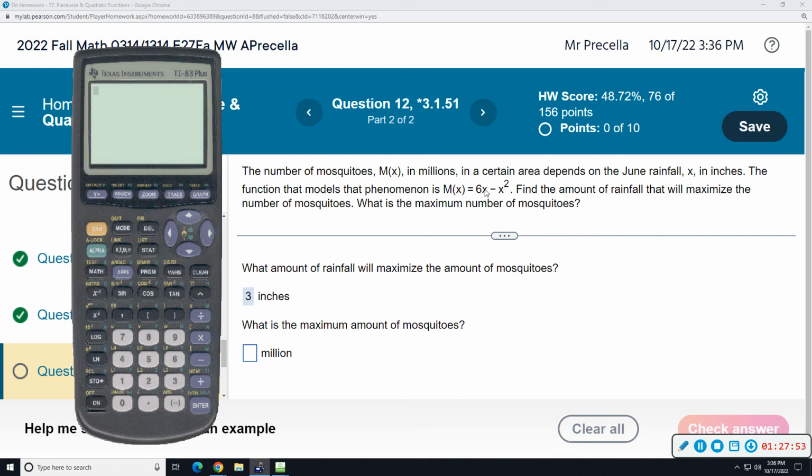If I plug a 3 here and here, I would have 6 times 3, well that's 18, minus 3 squared is a 9, so 18 minus 9 is 9. So if there's 3 inches of rain in June, then they can expect 9 million mosquitoes in the area. Okay.